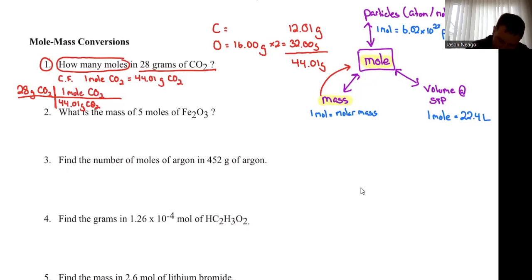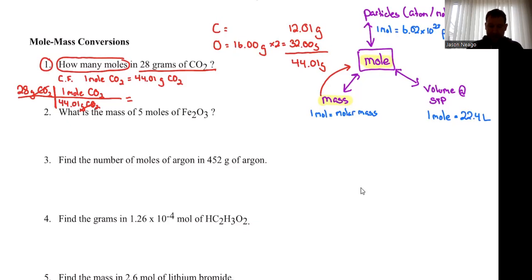Grams of CO2 cancel, and I'm left with moles of CO2. Now to solve, anything in the numerator or above the cancellation line, I'm going to multiply. Anything on the bottom, I'm going to divide. If I have a 1, I'm going to disregard it. Using my calculator, I'm not going to use the graphing calculator because we're not using scientific notation, so I'm just using my basic calculator here.